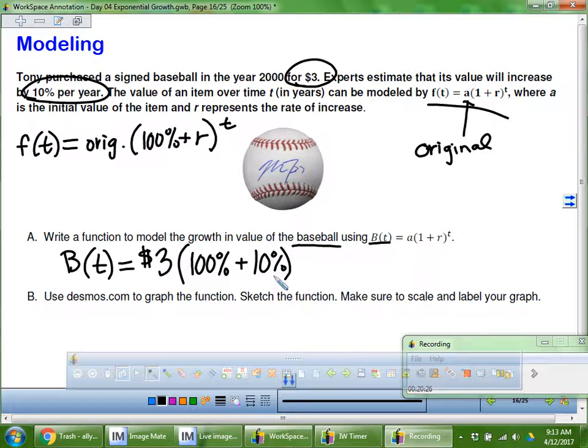Do we know how many years we have this baseball for? It doesn't tell us yet. I think later in the problem it asks, but it doesn't tell us yet. So we're just going to put T. Right now, all we're doing is writing a formula. There's our formula. We don't usually like to write with percents just because they look messy. So this would be 1 and 0.10, 1.1 or 1.10 to the T.